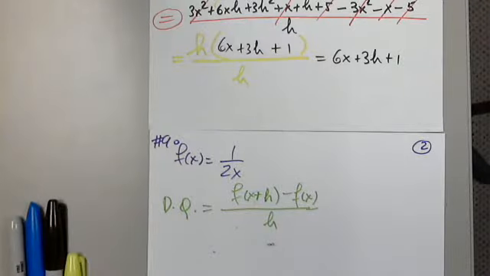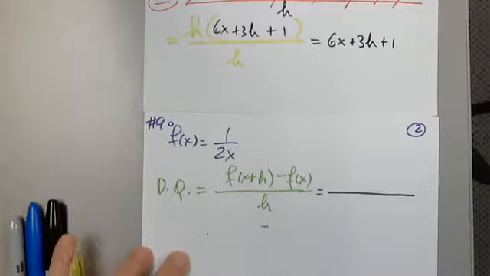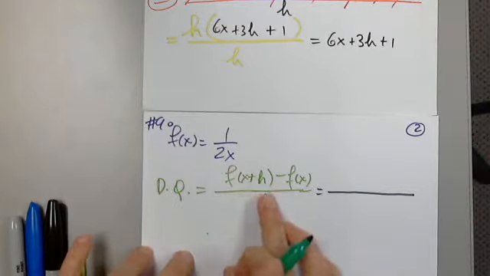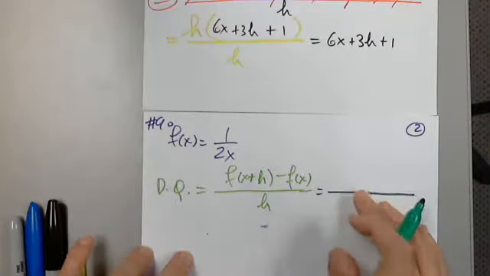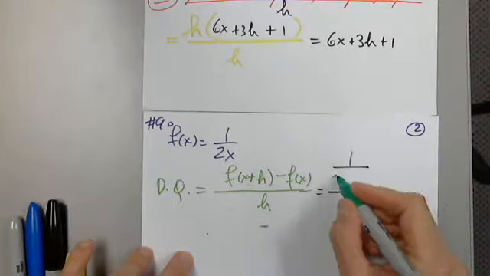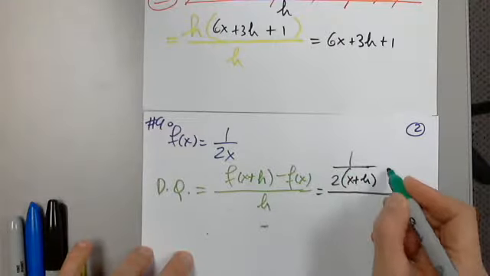Okay, so can anyone give us what is the piece we don't have? Which of the 3 pieces we don't have? We don't have f of x plus h. So now please tell me what to write. Awesome. That's all I needed.